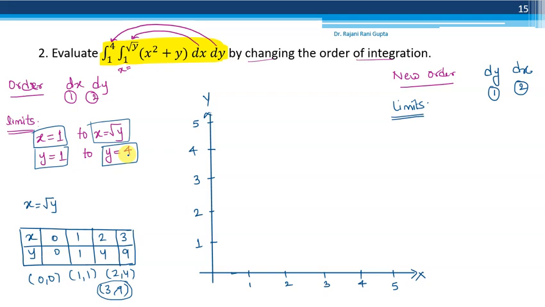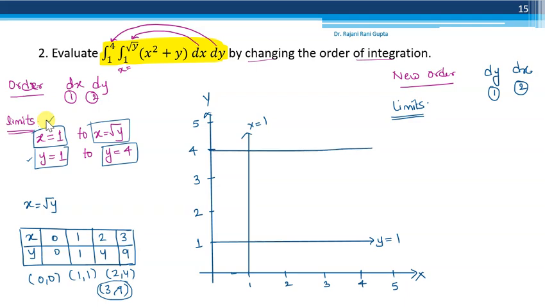At this point, x is 1, so it will be a straight line through here. x equal to 1 done. y equal to 1 will be a straight line parallel to the x-axis. y equal to 4, again at this point, a straight line parallel to the x-axis.